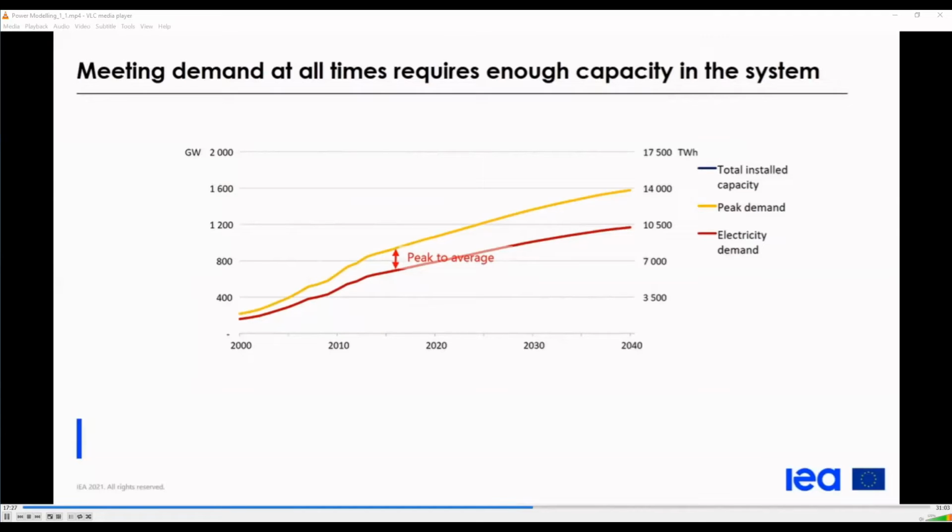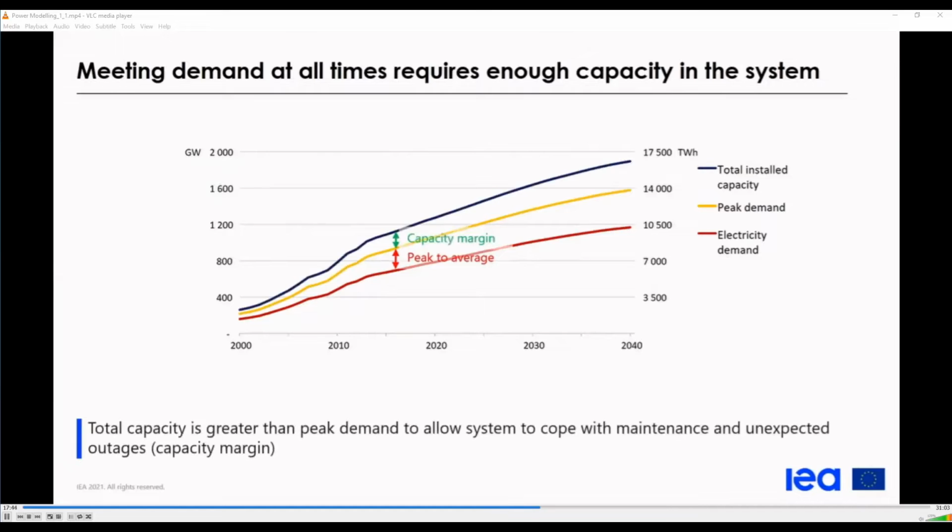Then, to have more reliability on the system, it is not only the peak demand that needs to be met. We build the system to meet that peak demand, but with a level of security. This is what we call the capacity margin.